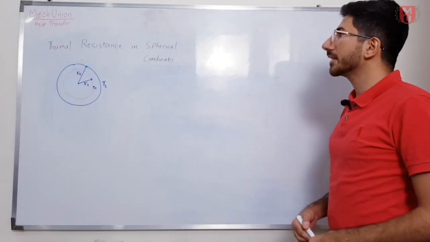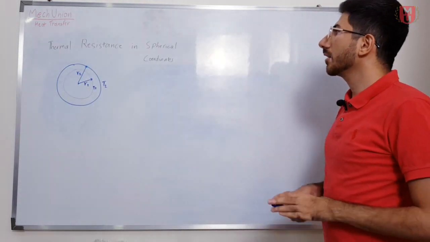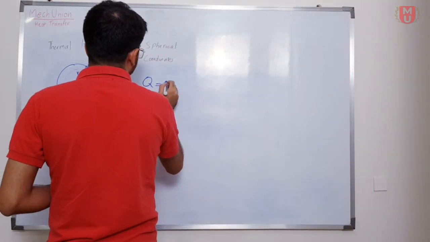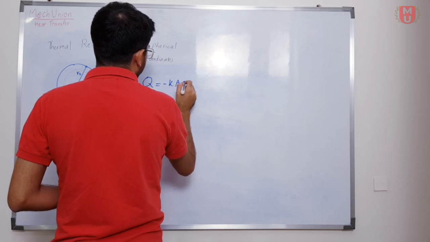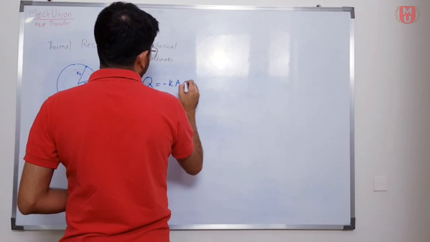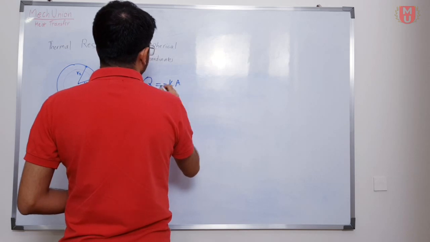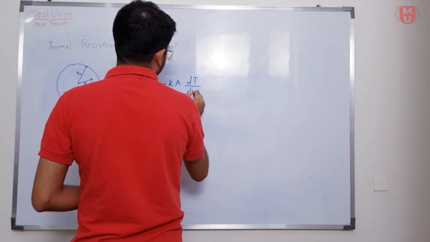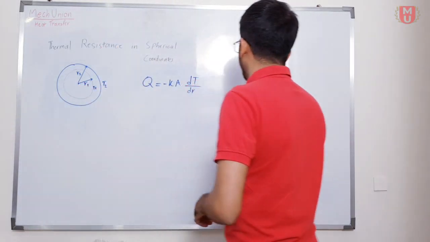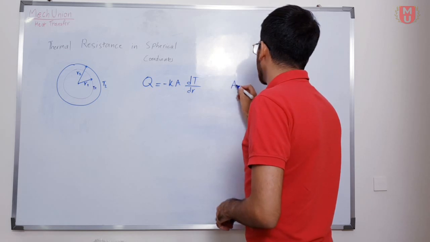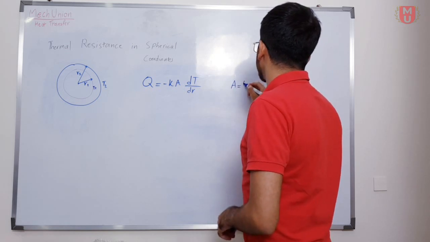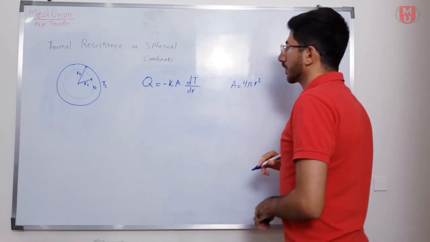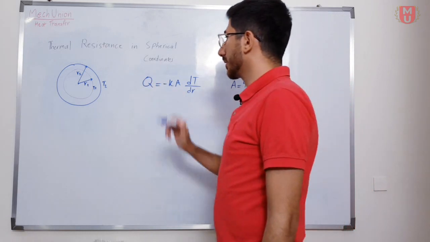For the third one, we have thermal resistance in spherical coordinate. Again, by writing down Fourier's law, we have q equals minus kA dT over dr. And in spherical coordinate, A equals 4 pi r squared, it's the surrounding surface.